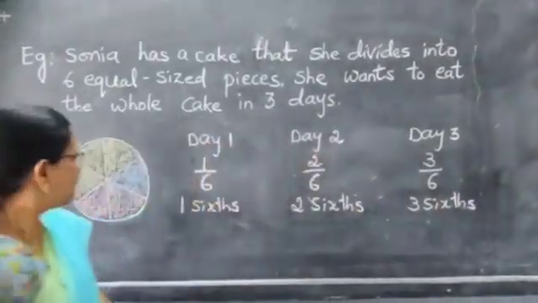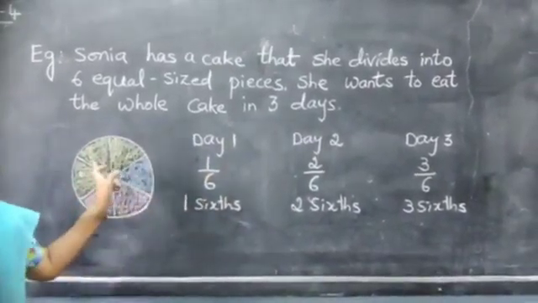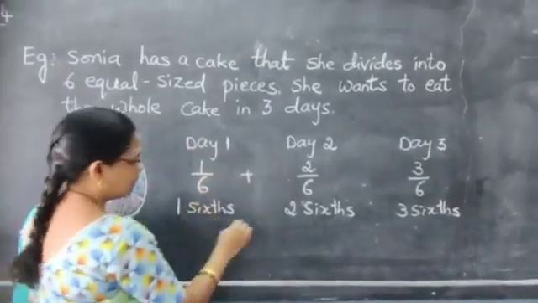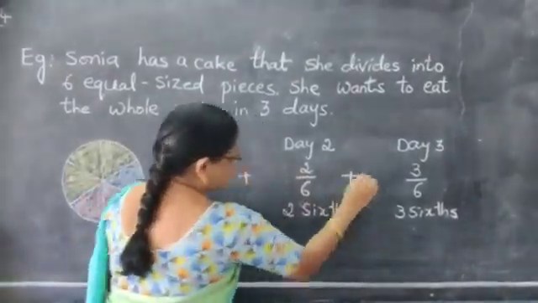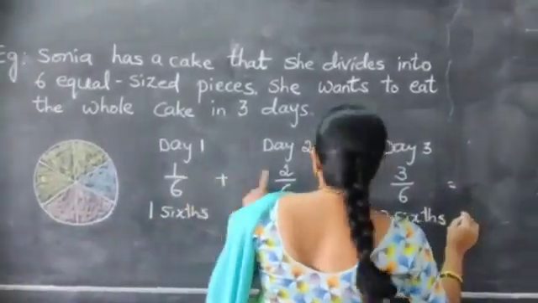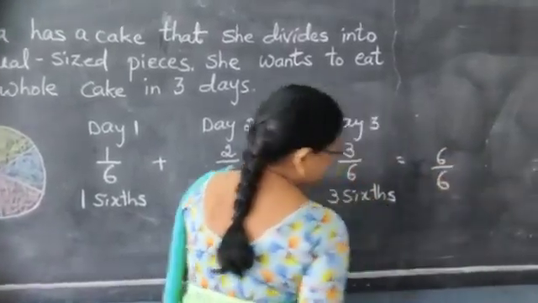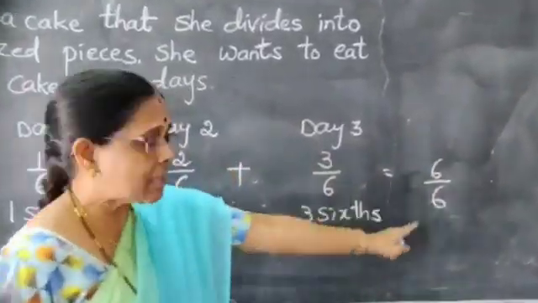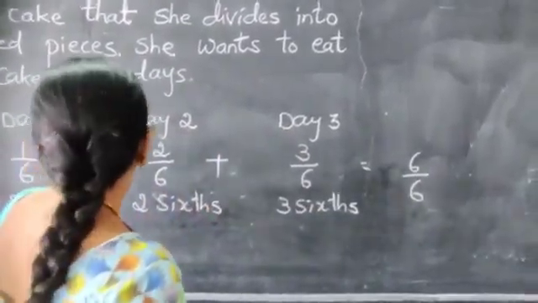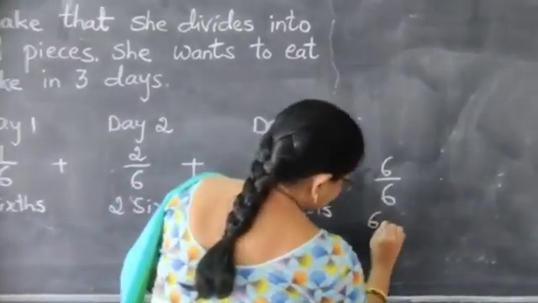See, like this she ate the full cake in 3 days. That is 1 by 6 plus 2 by 6 plus 3 by 6: 1 plus 2, 2 plus 3, is 6 by 6. That means 6 by 6 is 1 whole. Here she ate 1 whole cake.